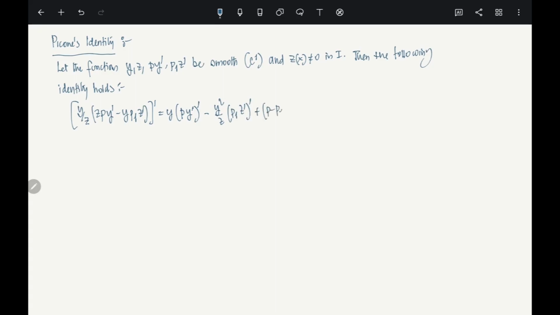You do not need to remember this identity also, so don't worry about it. We are just going to use this to prove the theorem which we will call Sturm-Picone theorem. Very important. We will do it in the next video.